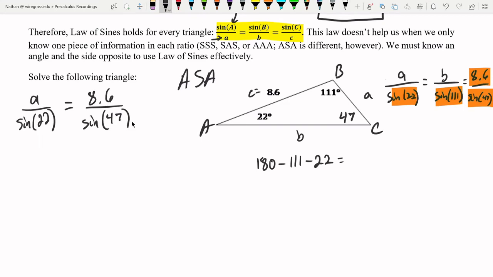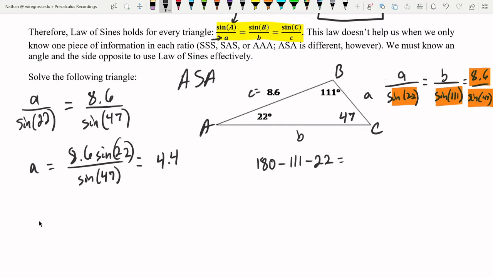The only unknown here is A. So let's solve for A. I'm going to multiply sine 22 over. And now we can just plug everything into the calculator and solve. All right, I get 4.4, with 2 places of information. So 4.4 is my side length there.